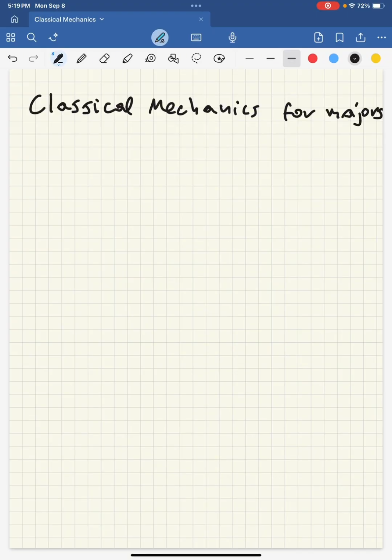So anyway, let's get to this. So from classical mechanics, I will be teaching using the book of Marion and Thornton, which is a popular book used in the United States.